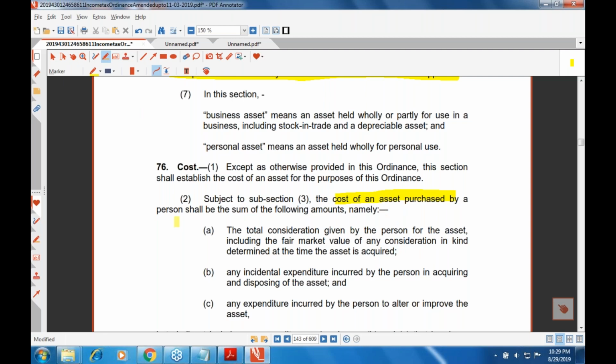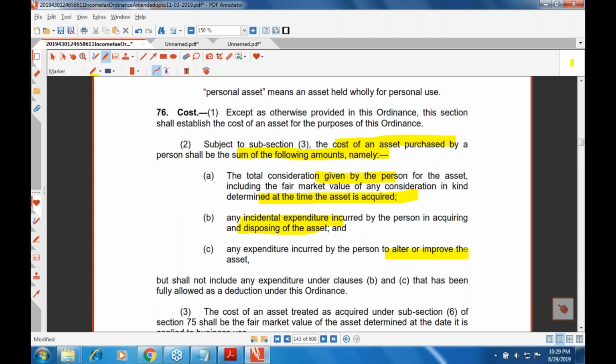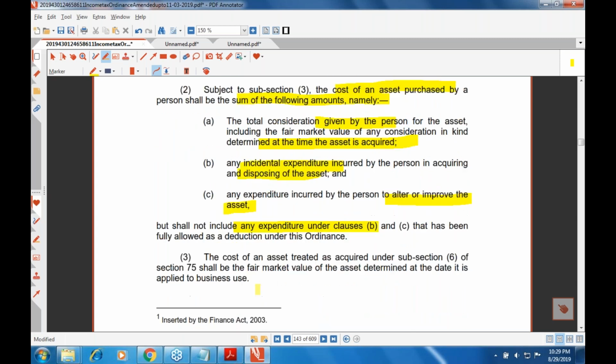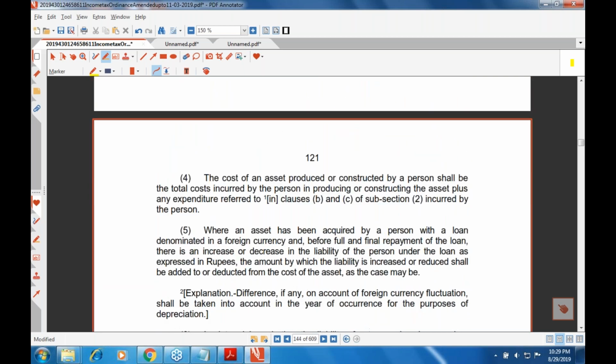The cost of an asset purchased by a person shall be the sum of the following amounts, namely: the total consideration given by the person for the asset, including fair market value of any consideration determined at the time the asset is acquired; any incidental expenditure incurred by a person in acquiring and disposing of the asset; expenditure to alter or improve the asset; but shall not be allowed any expenditure under clause B and C that has been fully allowed as deduction under the relevant provisions. So this is an important thing.